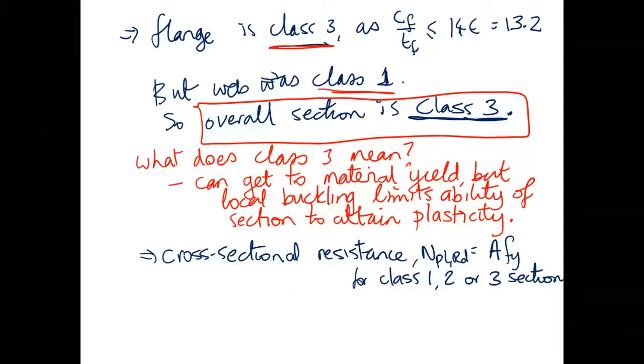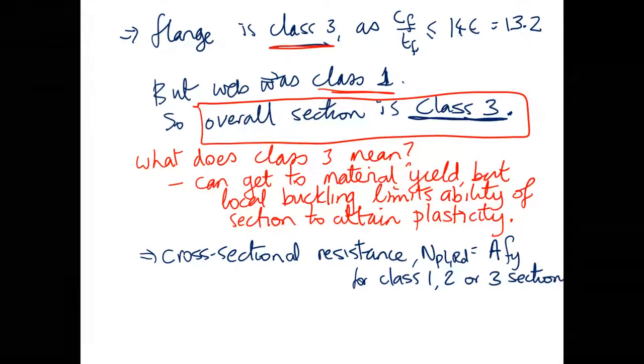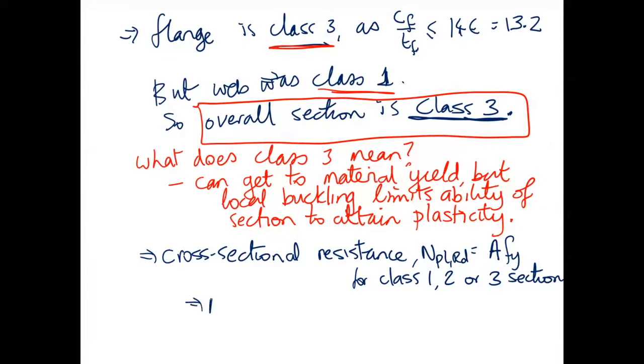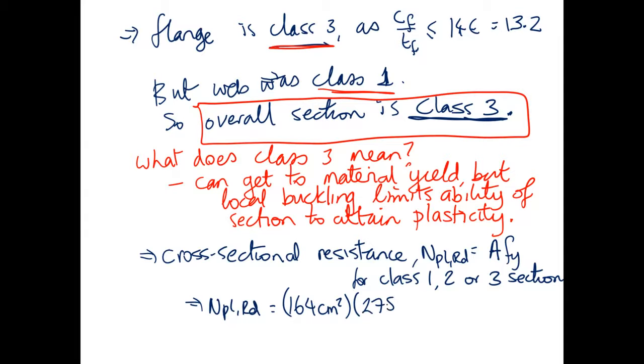You wouldn't get a better cross-sectional resistance for class 1 or class 2 according to the design codes. So NPLRD: we have the cross-section area, which is 164 centimeters squared, multiplied by the yield strength, Fy, which is 275 newtons per millimeter squared.